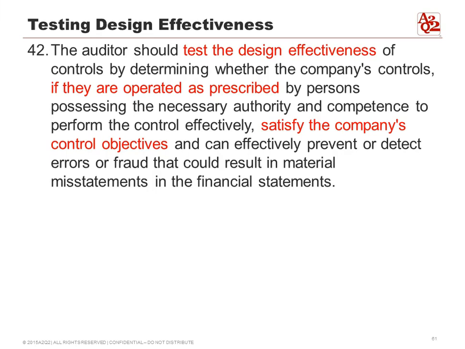It's basically, is the control designed in a way that would satisfy an objective? If you laid out, here are the 10 steps of how to do this control, and someone who's fairly competent followed those instructions as they were described or explained by you, would the control really fit our objective? And if that's the case, then it's designed effectively.